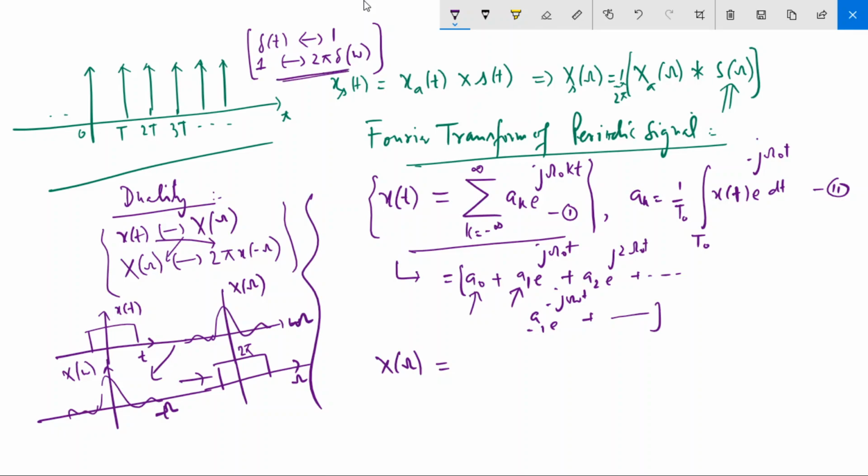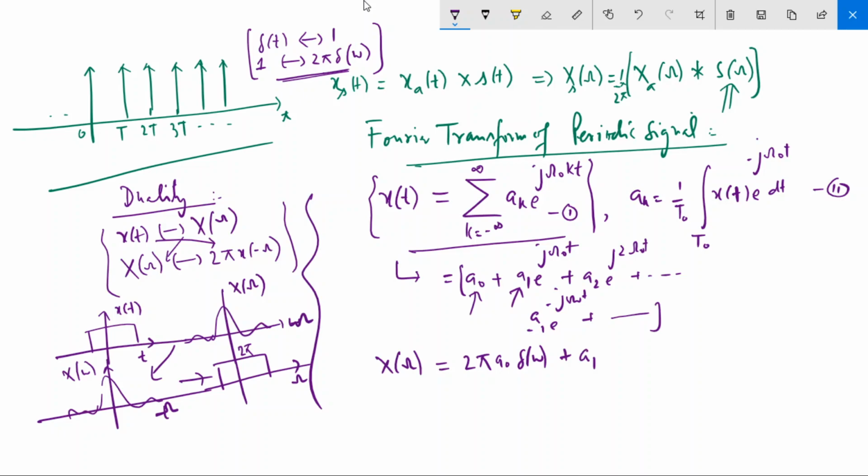So the unity signal x(t) equal to 1, which is 1 for all time from minus to plus infinity, its Fourier transform is 2 pi delta(omega). If it has a Fourier transform of 2 pi delta(omega), what will be the Fourier transform of a naught? It is just multiplied with a naught. So you will get its Fourier transform as 2 pi a naught delta(omega). Okay. And similarly for this signal, a1 is a constant.